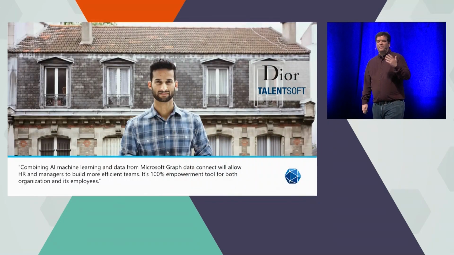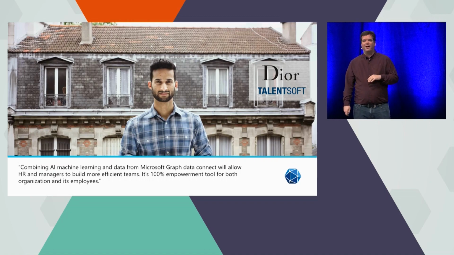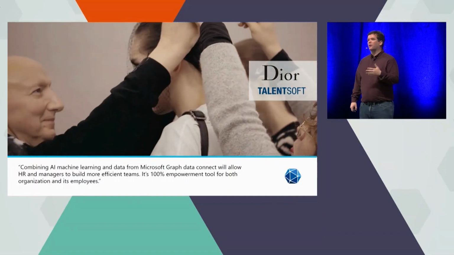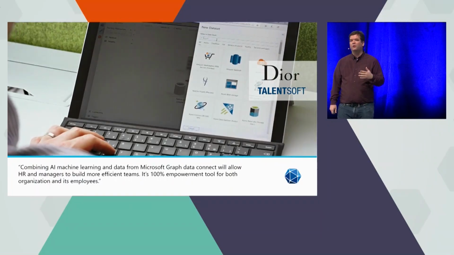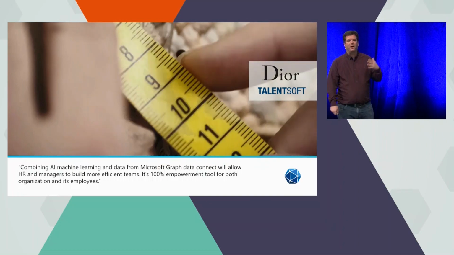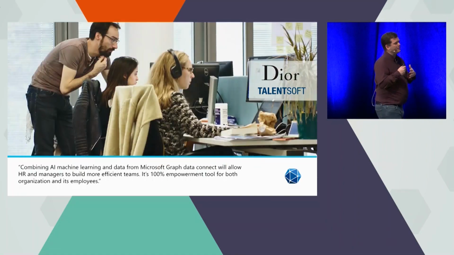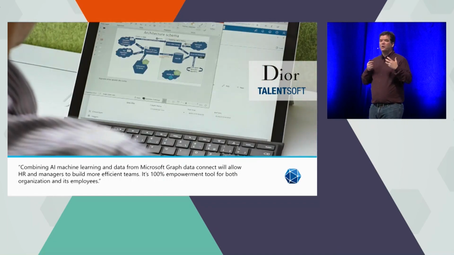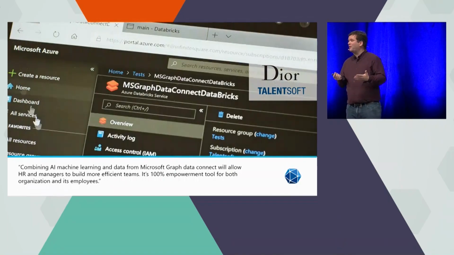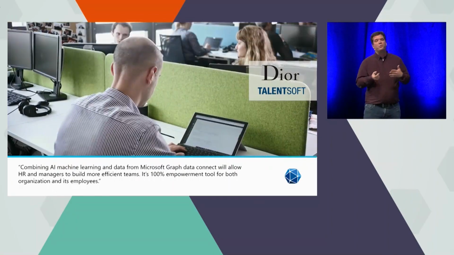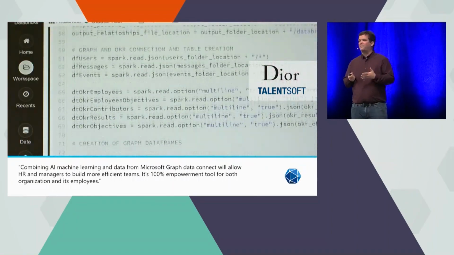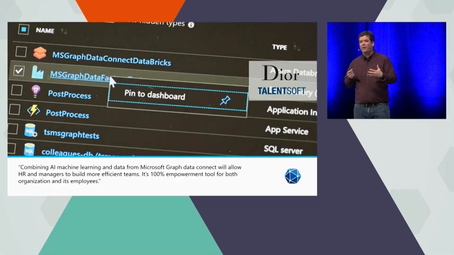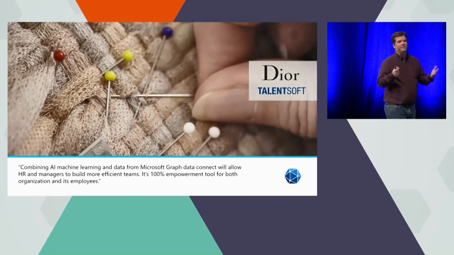So one quick example of this is Talentsoft. They're from Paris, and they implement CRM software. And they worked with Dior as a customer. What Dior wanted to do was use some of the information about their employees and their skills and their different talents and bring them together onto teams to create more effective, creative teams for the highly creative work that Dior does. So what they were able to do was take a technology called Graph Data Connect and run it against some AI models to improve the pairing of different skills for different employees into different teams.